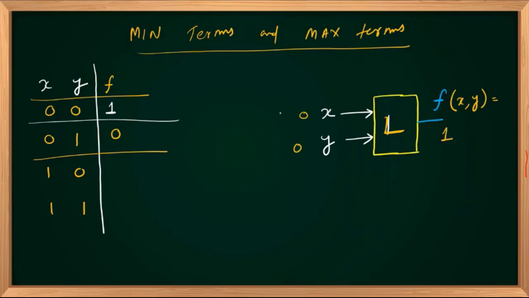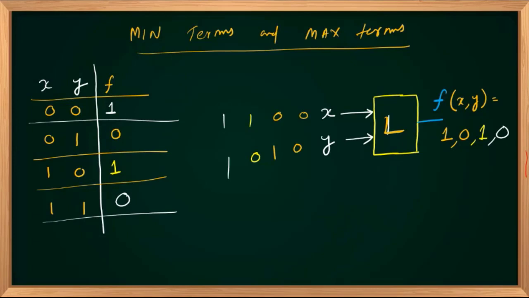If X equal to 0, Y equal to 1, second combination, output will be 0. Similarly, third combination, if X equal to 1, Y equal to 0, again the function will be equal to 1. That is a property of the function. And if both inputs X and Y are 1, 1, let us say the output is 0. That is the property of the given function.